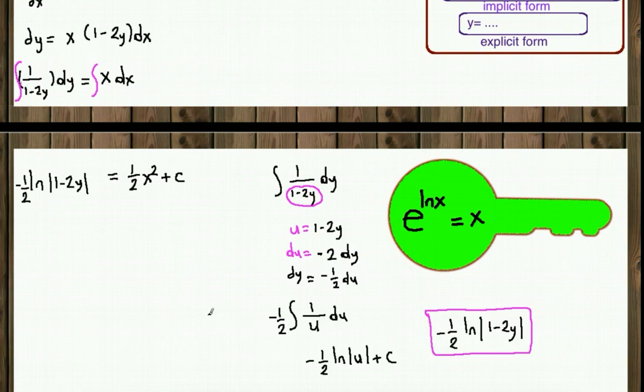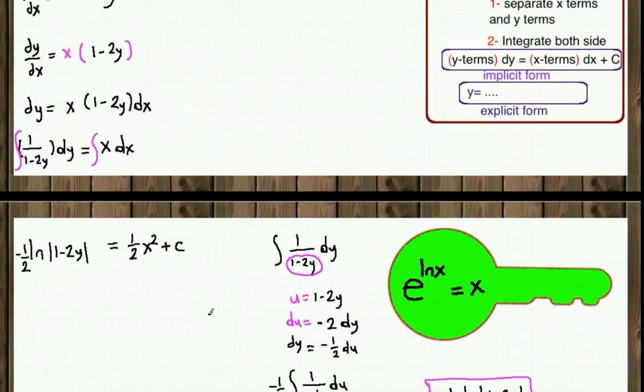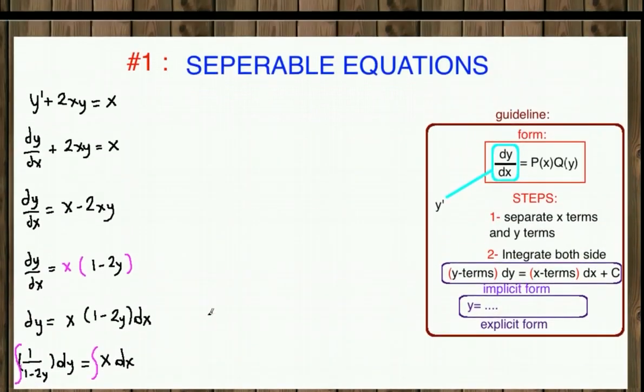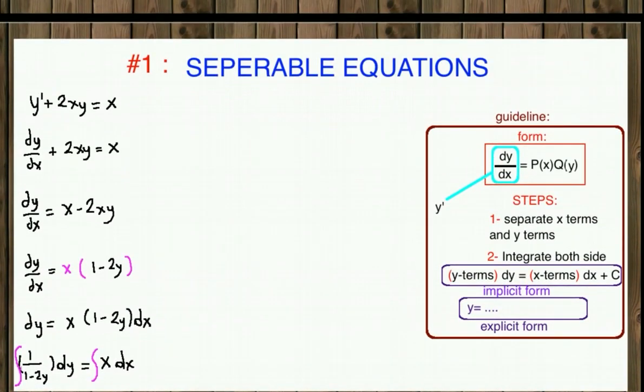Let's go back to our main question. Let's recap up to here. What we did at the first step is we called y prime dy/dx. At the second step, we subtracted 2xy from both sides.